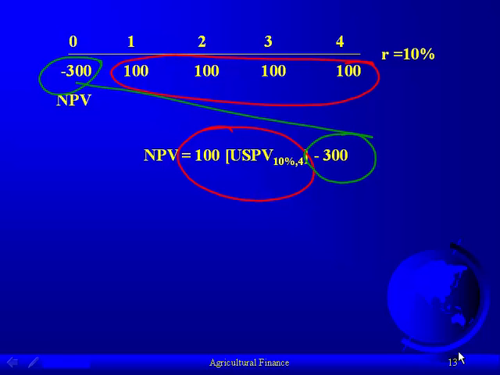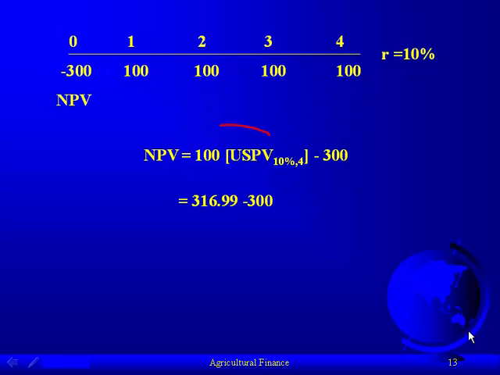That means that we can calculate the present value of those savings using the USPV factor at 10% for 4 periods. If we plug this problem into our calculators at 4 N, 10% I, $100 payment, zero out the future value, and compute present value, we would get $316.99.